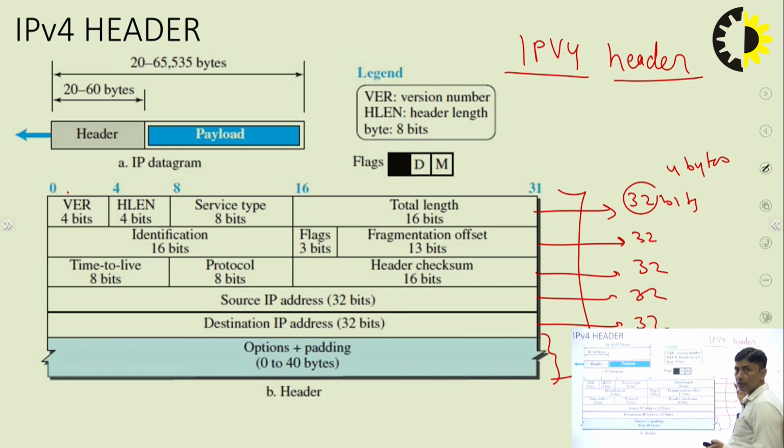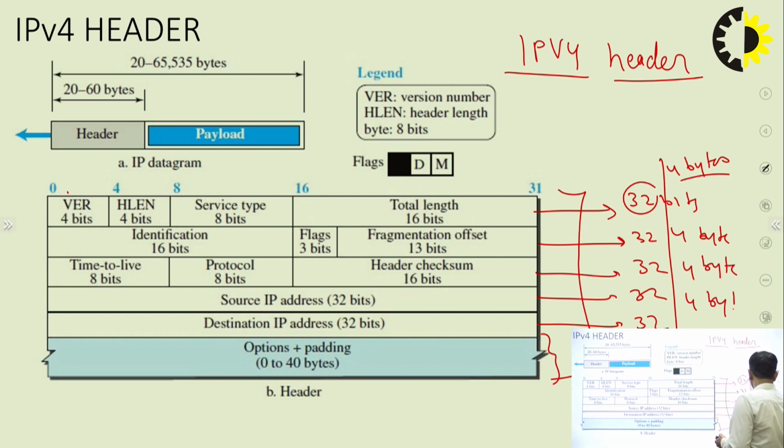Each byte contains 8 bits, so each row is 4 bytes.